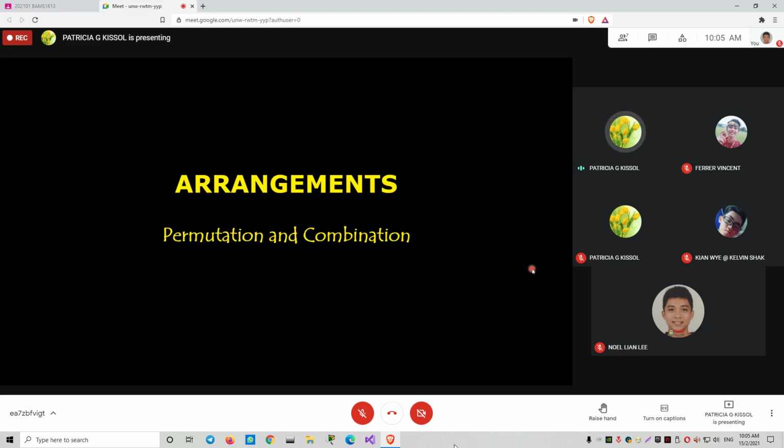This is called the arrangement, under the small area of permutation and combination. It is still under the topic of probability, but the idea here is that we are not looking at an answer between 0 and 1, meaning the probability answer with minimum 0 and maximum 1.